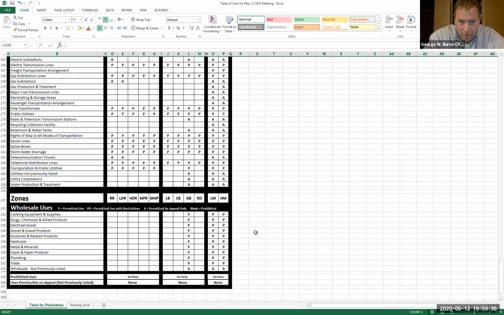Anybody here know Bob Colley? Yep. Bob runs Active Bolt and Screw. You can't just walk in there to buy screws. I mean, you can, but he distributes to hardware stores. That would probably be an example of a wholesale hardware.